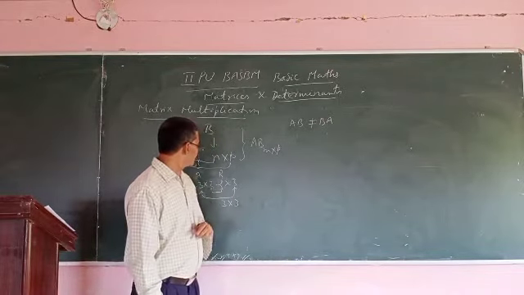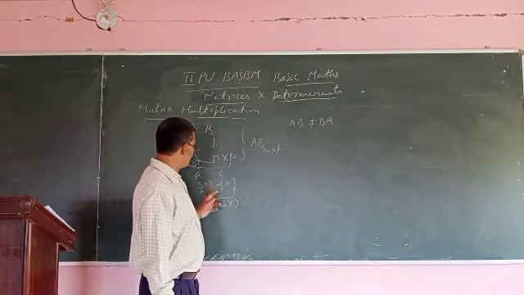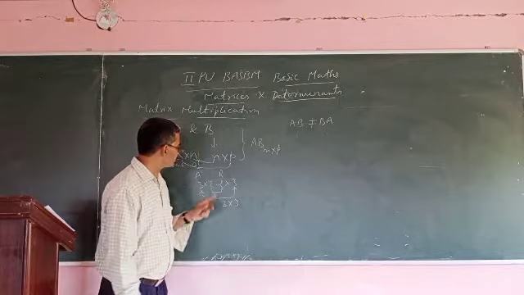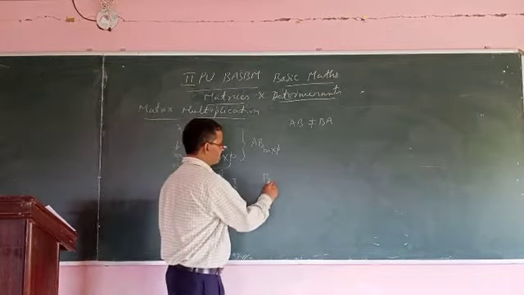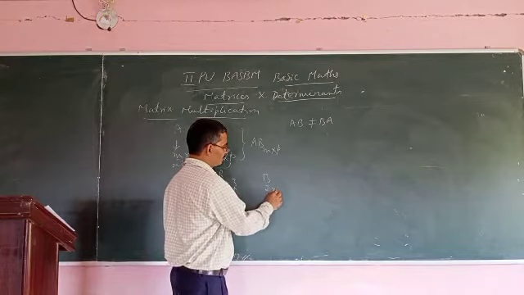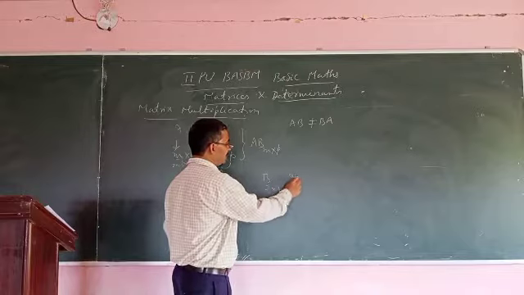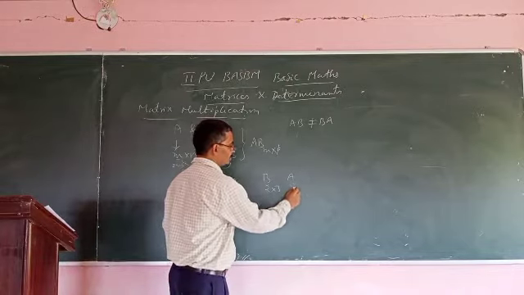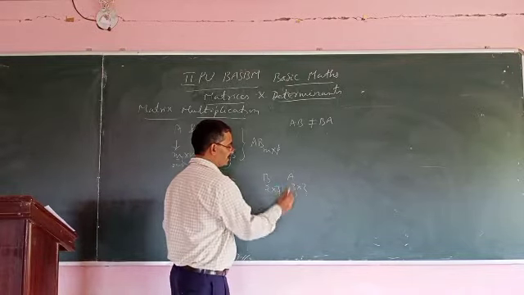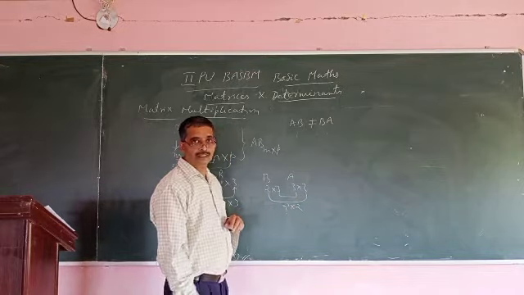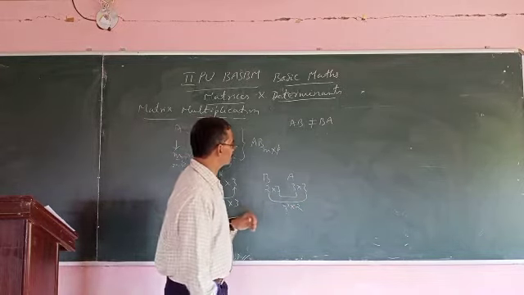I will give an example. In this case, AB is defined, 3 cross 2 and 2 cross 3. What about BA? B is 2 cross 3, A is 3 cross 2, that's okay, it's defined again, and you get 2 cross 2.